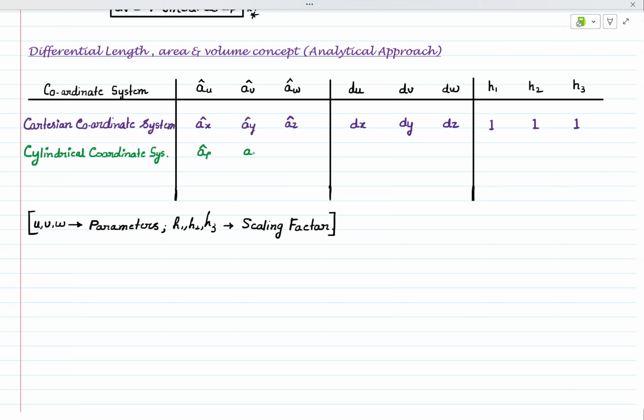The unit vectors are a_rho, a_phi, a_z, and the differentials are d rho, d phi, dz, definitely, because the cylindrical coordinate system is also known as the rho phi z coordinate system, and the scaling factors will be 1, rho, 1.